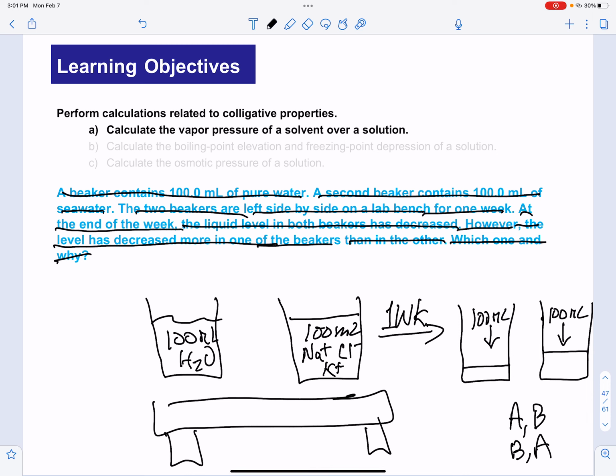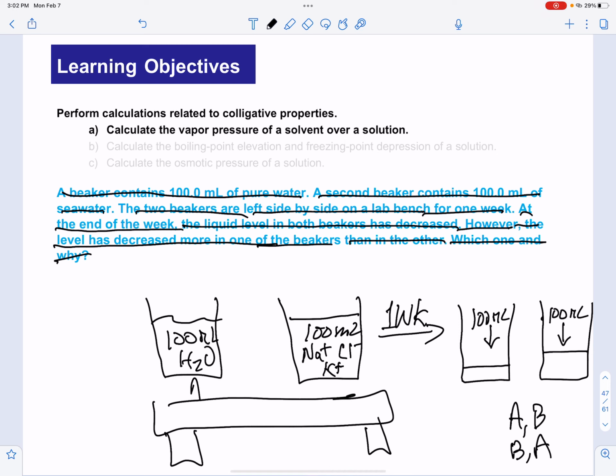Solvent by itself, dipole hydrogen bonding interaction, right? It's water with water. What about the solvent with the ions? Now we have ion dipole. Which one is stronger? Ion dipoles. Which one will allow the water to escape more? The water by itself.